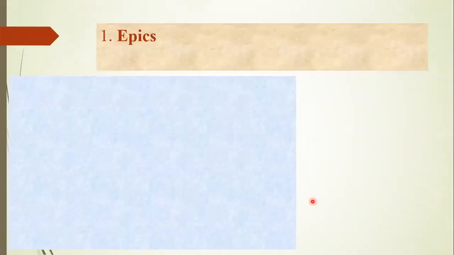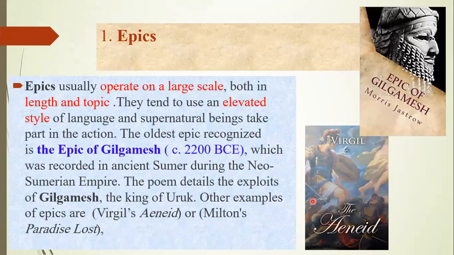The first type of narrative poetry is the epic, الملاحم أو القصائد الملحمية. So what is an epic? Epics usually operate on a large scale, both in length and topic.